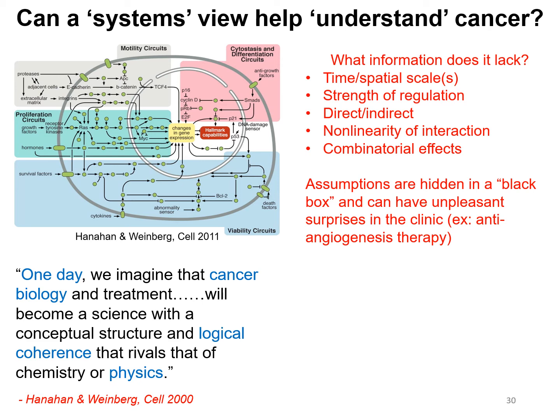For instance, this is the last sentence of one of the most well-respected reviews written in the field of cancer biology, where they identified the different hallmarks associated with different cancers all put together. The authors say that one day we imagine that cancer biology and treatment will become a science that has a conceptual structure and logical coherence that rivals that of chemistry or physics.